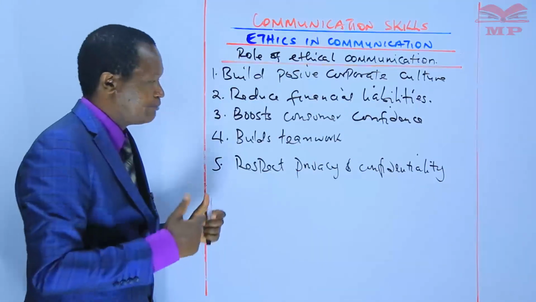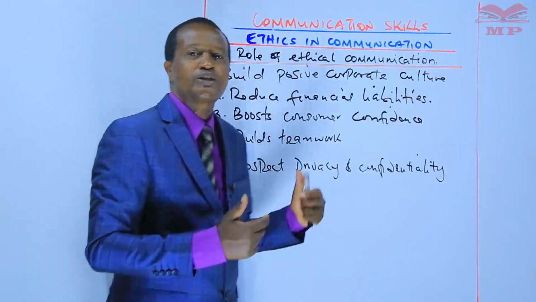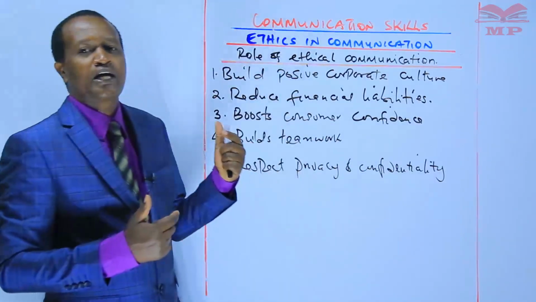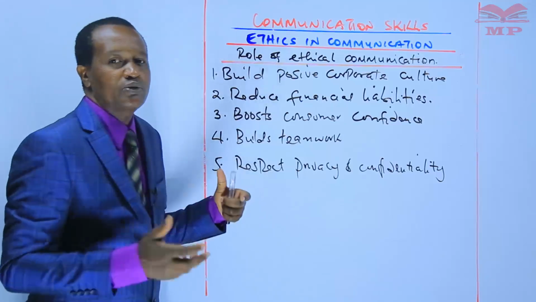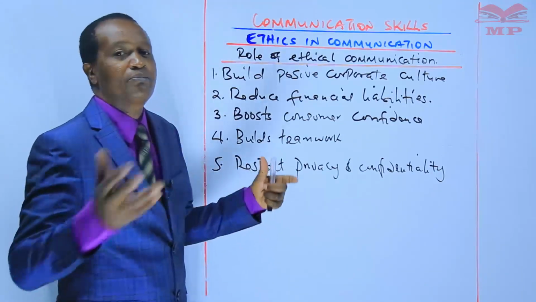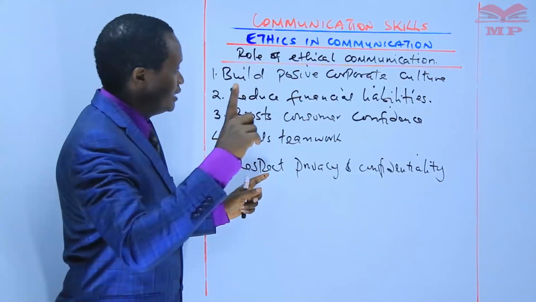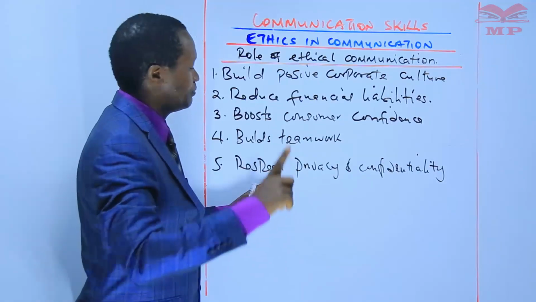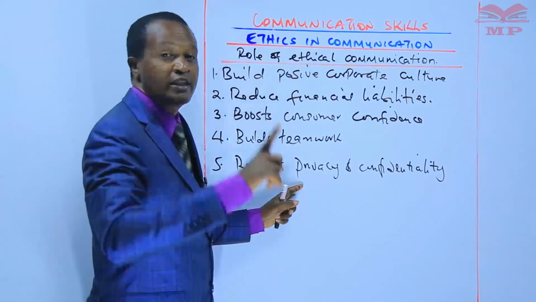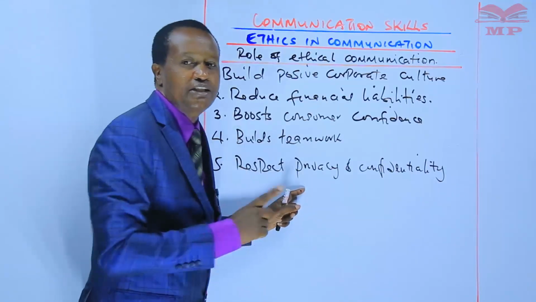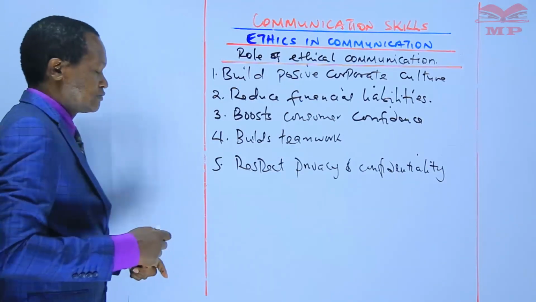So the employees of a company are expected to sign a code of ethics that defines what is appropriate when it comes to honoring client and employee confidentiality. So ethical communication can help in the area of respecting privacy and confidentiality.